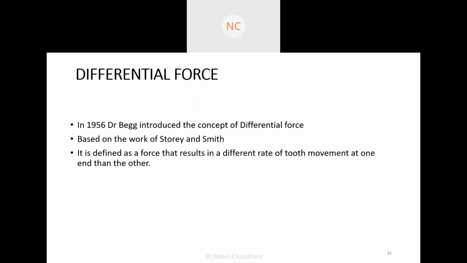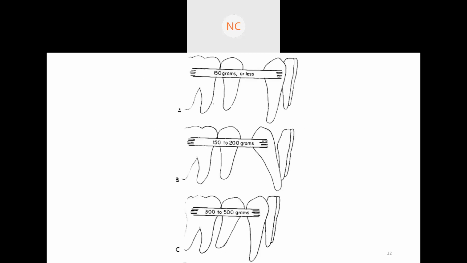The differential force philosophy was explained in his article in 1956, and it was based on the work of Storey and Smith. Differential force is defined as the force that results in a differential rate of tooth movement at one end than the other. According to Storey and Smith, when 150 grams of force is applied, there is no movement of either the anterior or the posterior teeth.